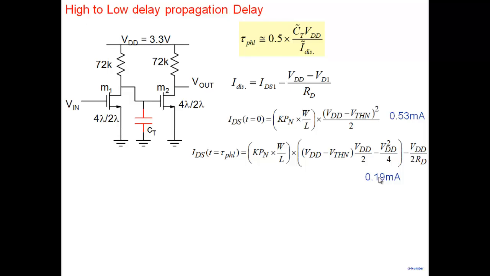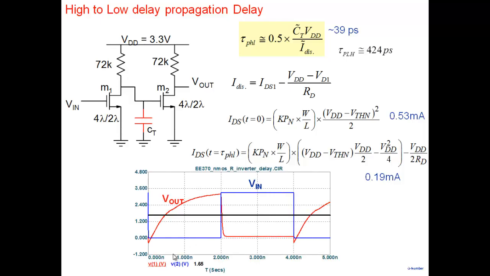So I take an average of the two and put it here. CT, we had already done a calculation earlier. If I do that, I get a delay of 39 picosecond. Now, interestingly, note that the high to low delay, to discharge it, is 39 picosecond. Low to high delay, we had calculated earlier. To pull it up, the delay was 424 picosecond.